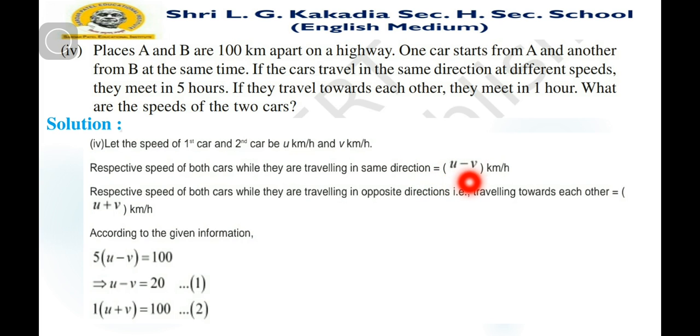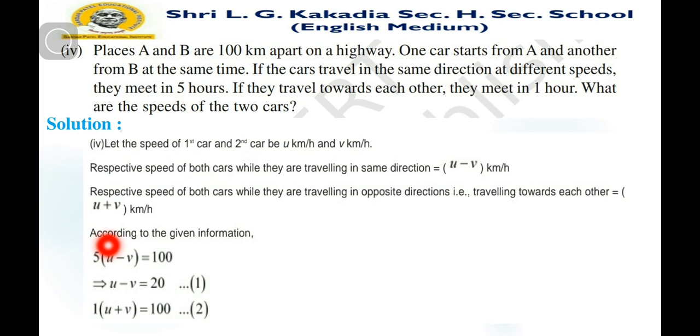The respective speed while traveling in opposite directions, that is towards each other, is u plus v kilometer per hour, because they travel in different directions, so we take the addition, according to the given information.